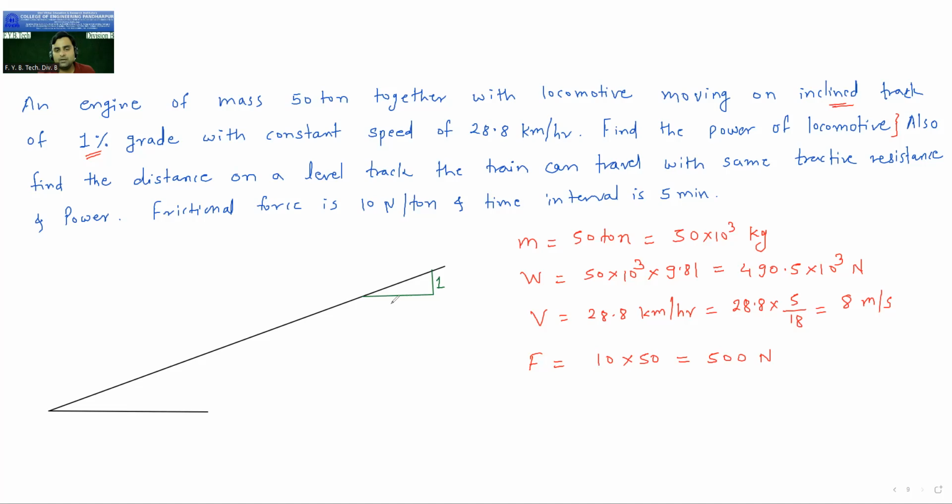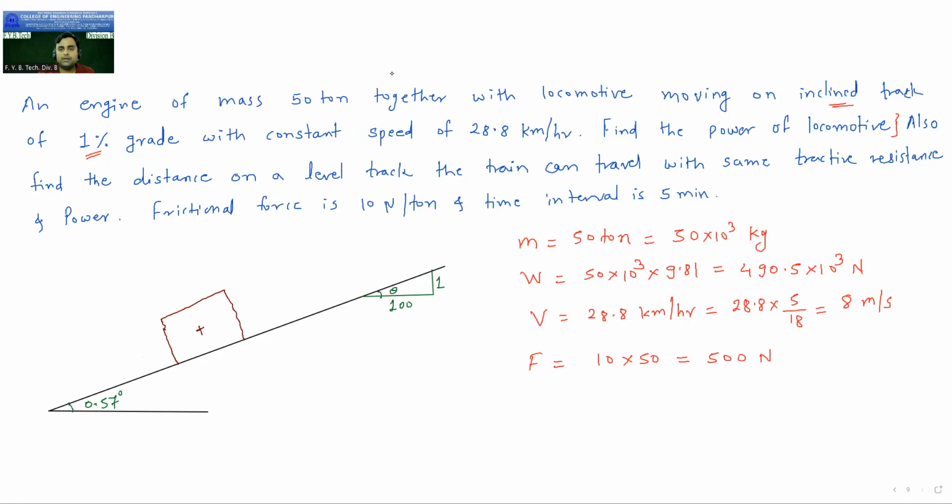So vertical 1, horizontal is 100. So calculate this angle theta, which must be equal to this angle. What is the angle? 0.57. So 0.57 degree is the angle.